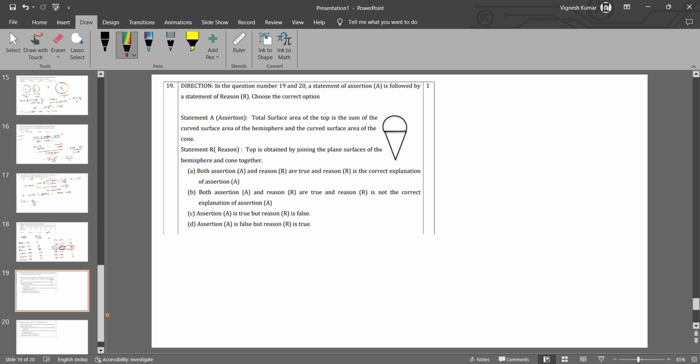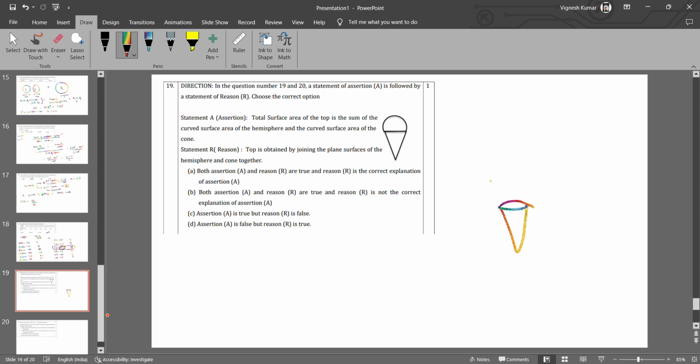Next we have the next two questions as assertion reasoning questions. Statement A: total surface area of the top is the sum of the curved surface area of the hemisphere and the curved surface area of the cone. And the reason for this is: top is obtained by joining the plane surfaces of the hemisphere and the cone together.